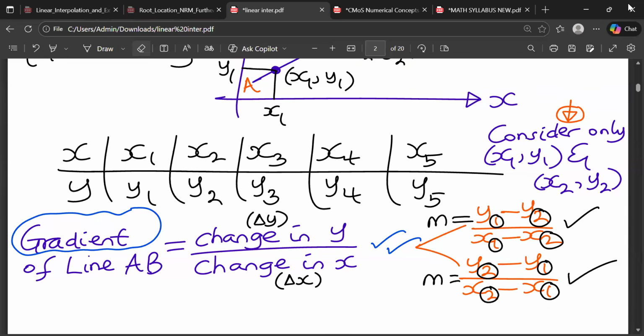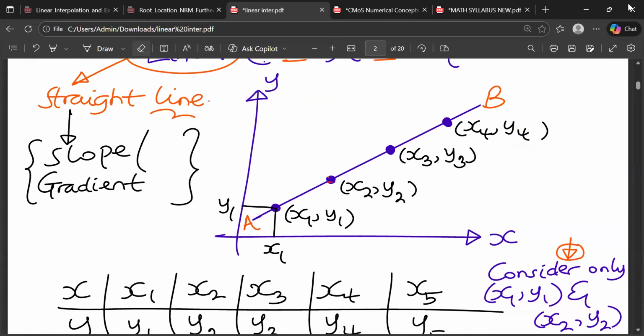Now, after you guys understanding the formula, I want you to go back to that line. Have it in mind that there are 4 points, and we need gradient. They're in a straight line. Have it in mind that gradient can be obtained by any of the 2 points.